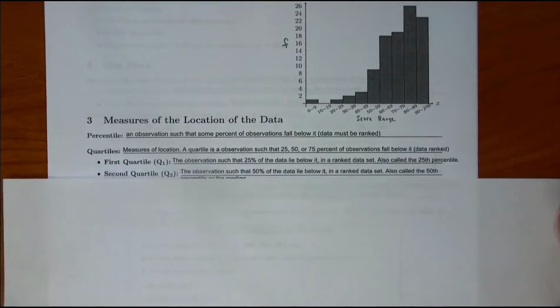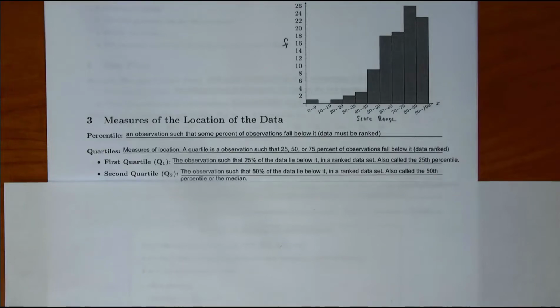The second quartile is also called the 50th percentile or the median. It is the observation such that half of the data lie below it, which means half the data lie above it. If your score was the 50th percentile, it doesn't necessarily mean that your score was bad. It just means you scored better than half the class, worse than half the class.